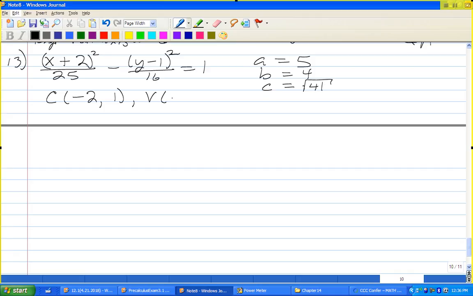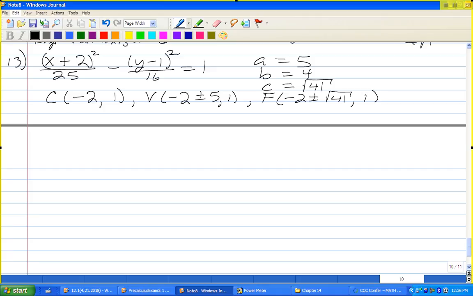The vertices are at, maybe I should just do it this way, -2 plus or minus 5, 1. The foci are at -2 plus or minus rad 41, 1.